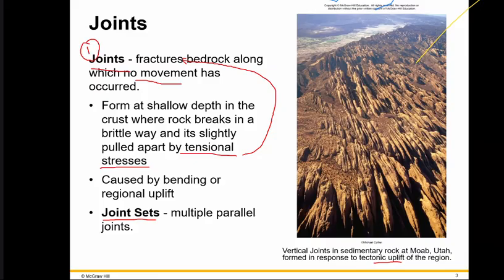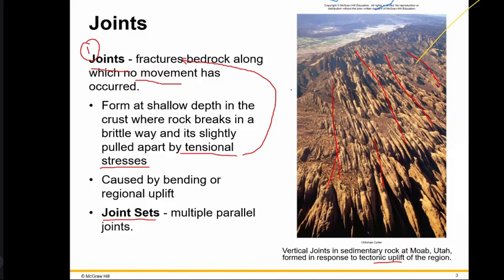So what you see here are vertical joints, and you can tell these are vertical joints that are aligned in this orientation. You can see how they are aligned. On here, you see that these joints have not been moved or displaced largely. They are just signifying breakage in the rock.